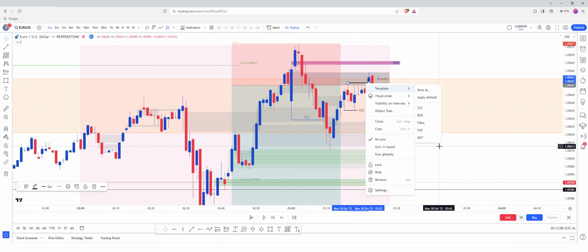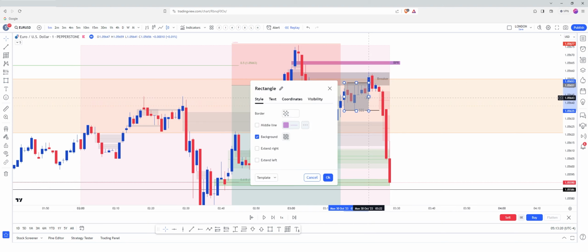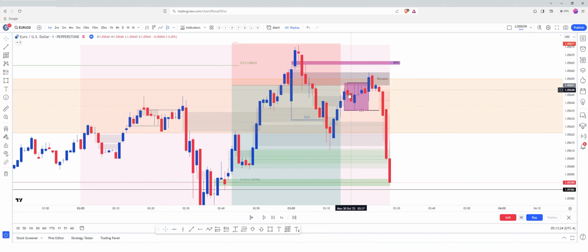This here is our accumulation phase. So ICT's power of 3 is accumulation. So we have accumulated orders in this area. Let's change the color to purple. So this could be our accumulation phase. We then get a manipulation phase.